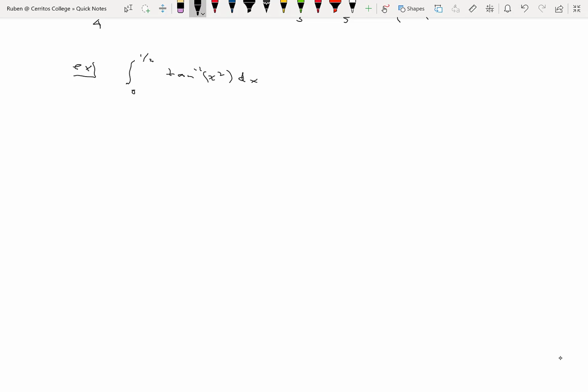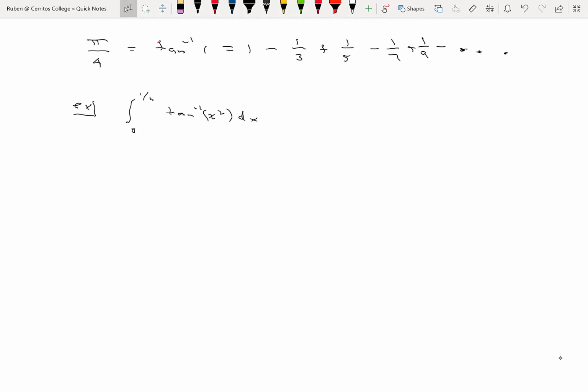Okay, so the example, I haven't put the directions here, so let me get some directions for this example. The problem is to estimate this integral. Give me a second here.